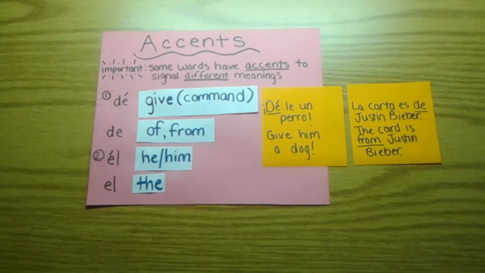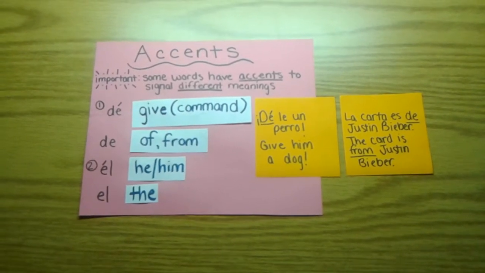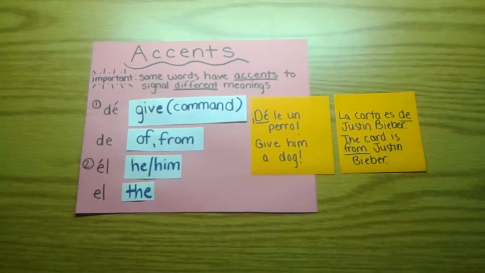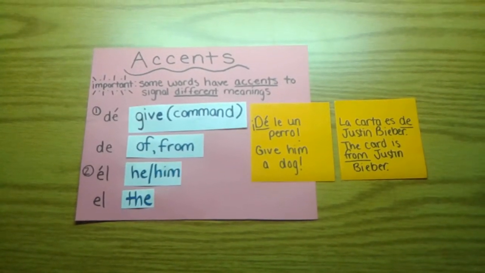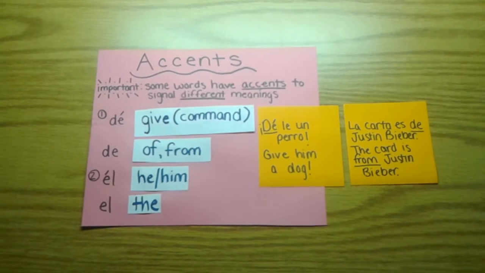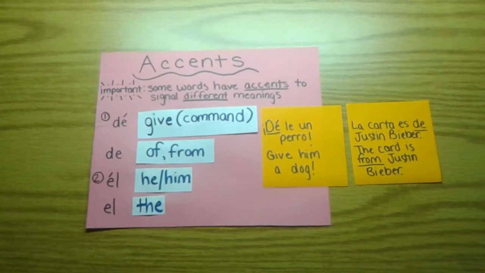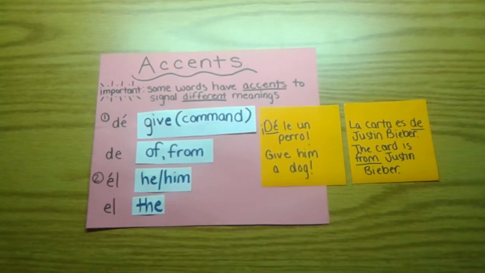And for a second one, which is of or from, la carta es de Justin Bieber. The card is from Justin Bieber. So dé with an accent on the E means give, which is a command. And de without an accent on the E means of or from.